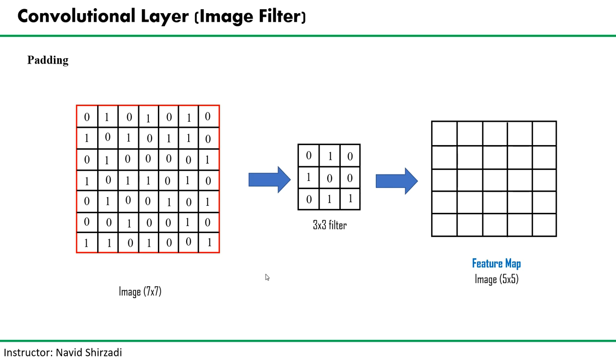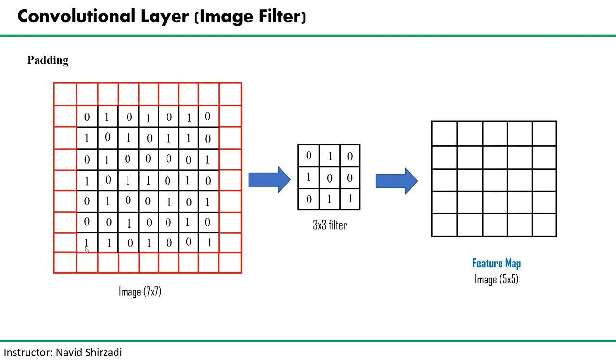So what is this padding? This padding is actually, as I mentioned, additional pixels. The values of these pixels are all 0. So we are adding padding around our image. We are adding additional pixels on all sides of our image like this.